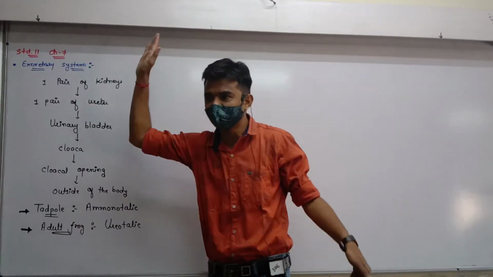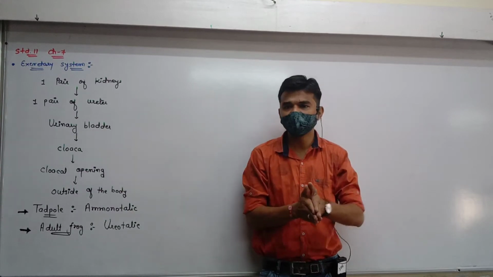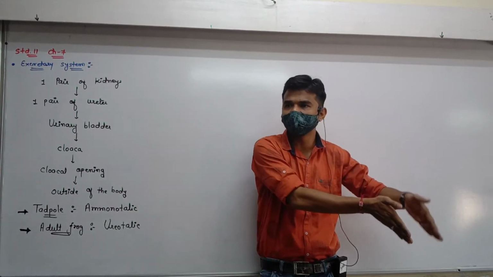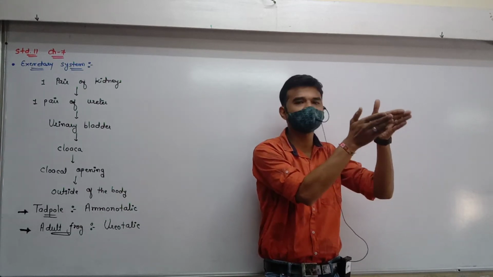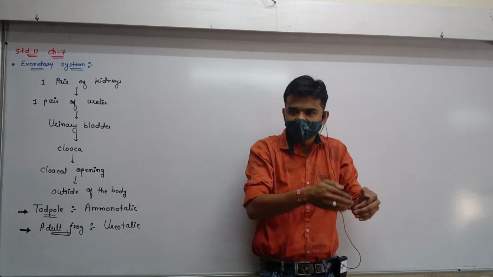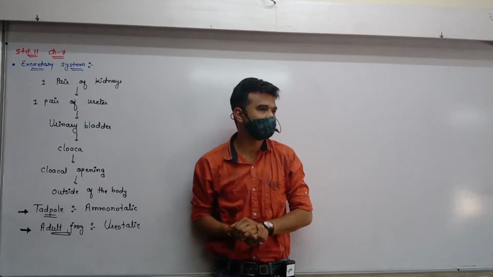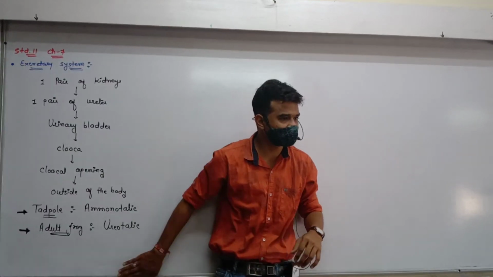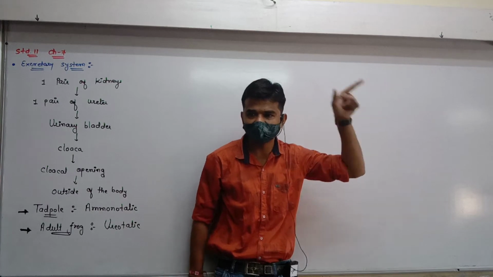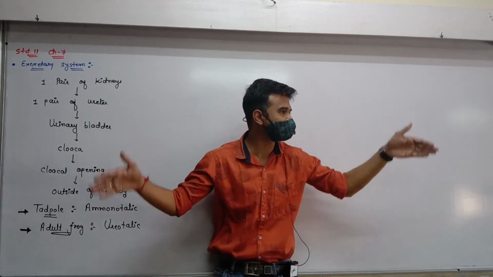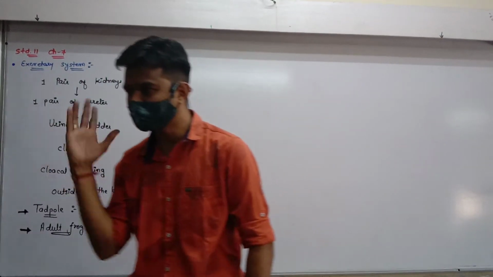But in the initial stage, the tadpole is ammonotelic because it lives an aquatic life. When the tadpole is converted into the adult frog, the adult frog is ureotelic. So these examples I have given you in the excretory system chapter: the three types of animals, ammonotelic, ureotelic, and uricotelic. Fine?